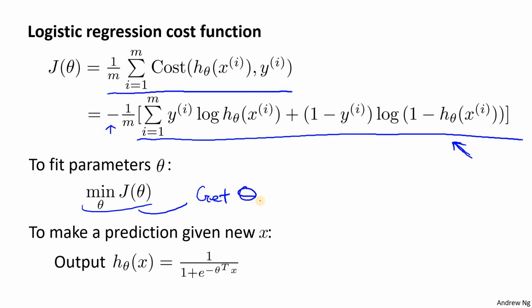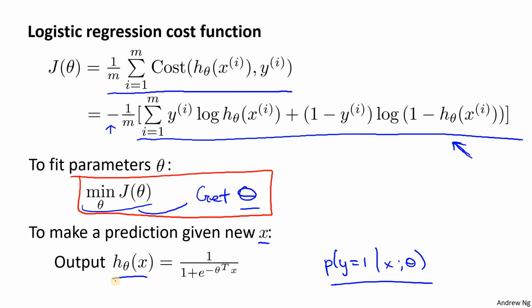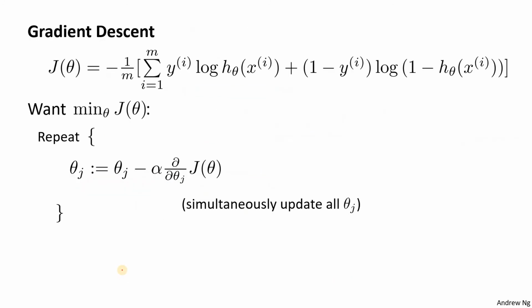The minimum J will give us the best value of theta. Same theory as we have seen in linear regression. That theta will be used to predict for the future. It will then be used to predict what y will be. The formula given here, P of y equal to 1, is only to show you that we will use theta to predict.